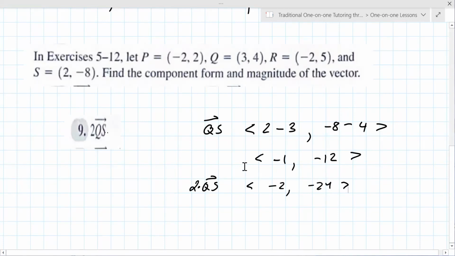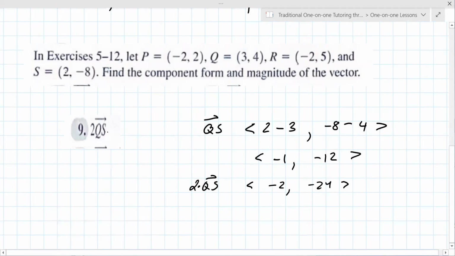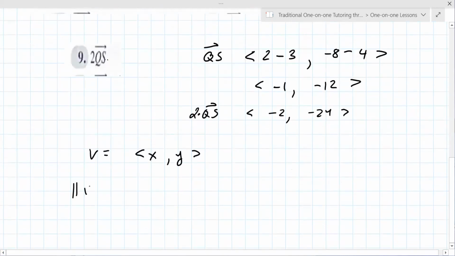Okay. And then the magnitude. So let's say you have a vector. Let me start out. Your vector has components X, comma, Y, like this. They're numbers. So the magnitude of the vector, and usually most books use this double lines for magnitude, is the square root of X squared plus Y squared. It's like the Pythagorean theorem.